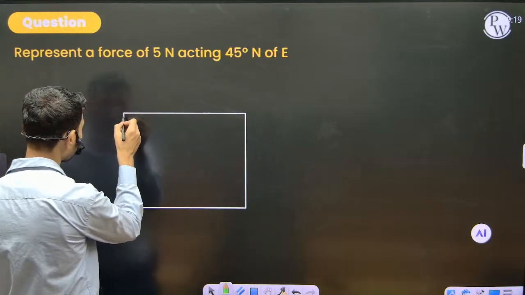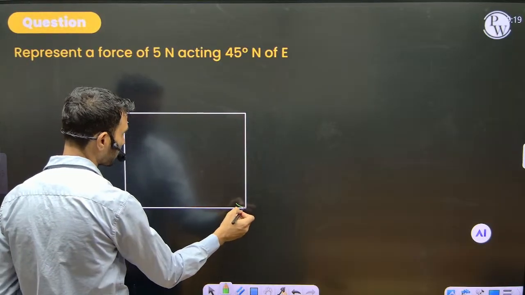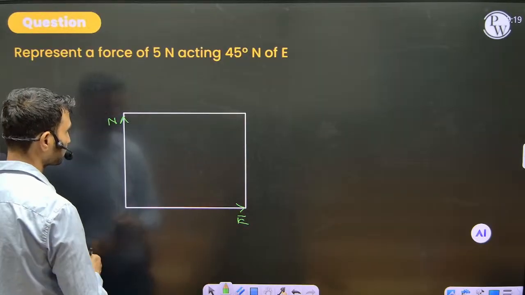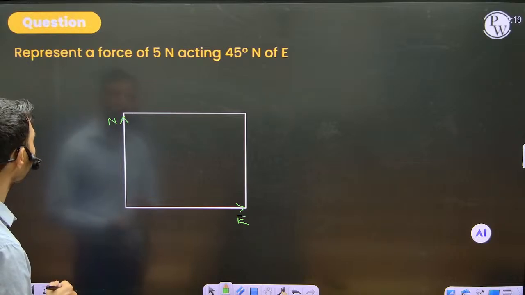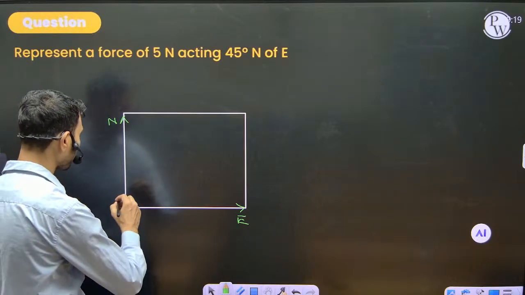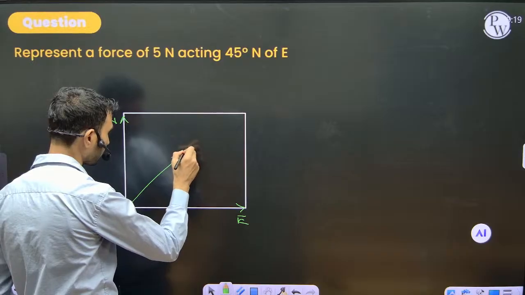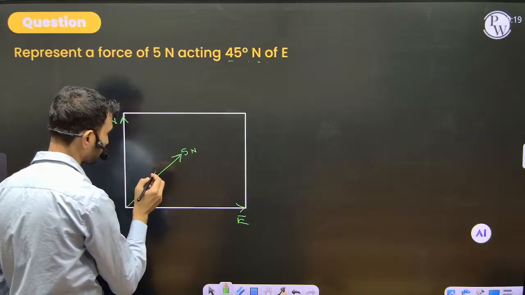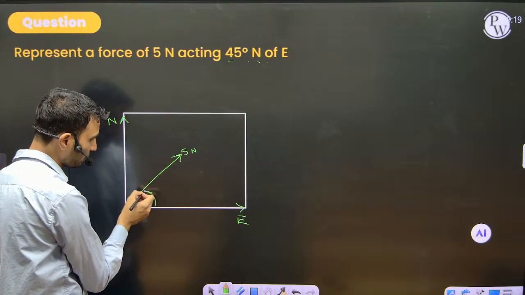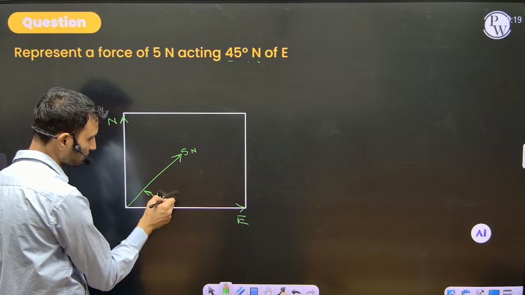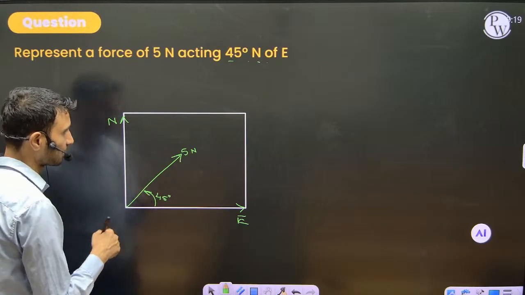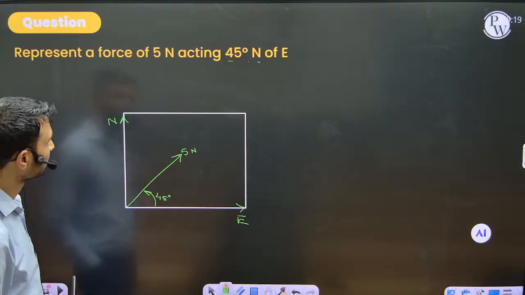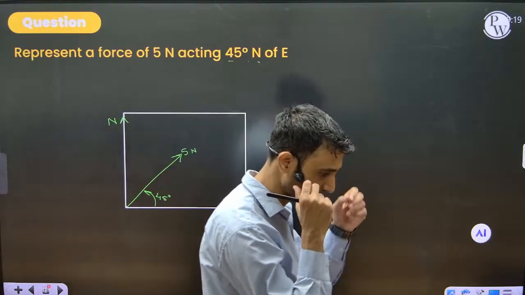And let's say this is north and this is northeast, this is east. So there is a 5 Newton force and that is acting 45 degree north of east. Like this, 5 Newton. And you have to represent it. That's the representation of the force, right?